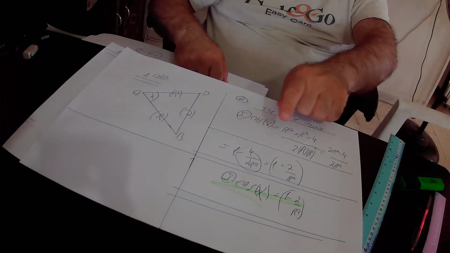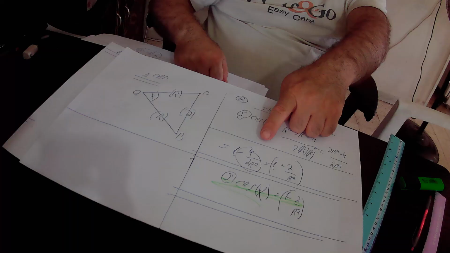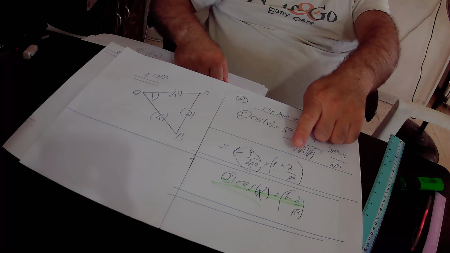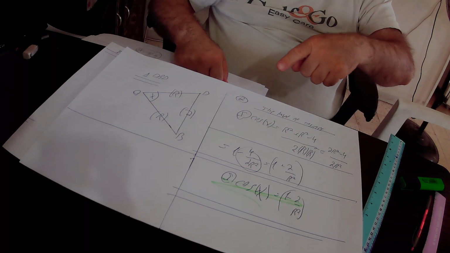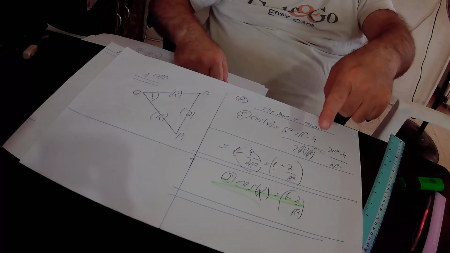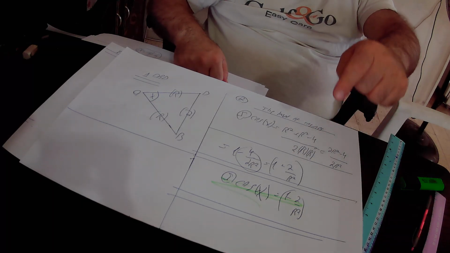So cosine X equals 1, and here we divided both the numerator and the denominator of this expression by 2. Minus 4 over 2 is minus 2, and 2R squared over 2 is R squared. So in conclusion, we found out that according to equation 1, cosine X equals 1 minus 2 over R squared.